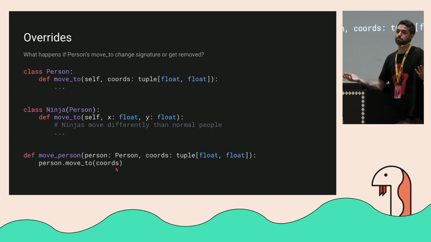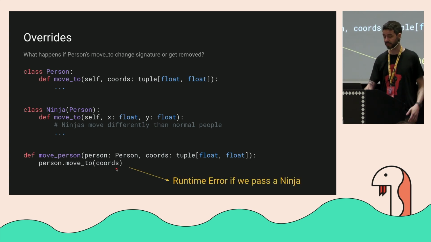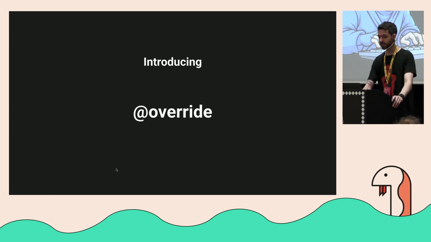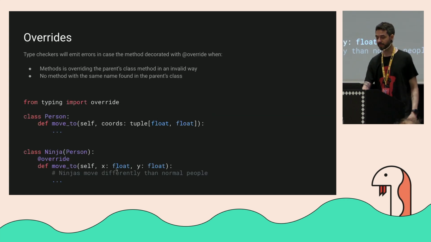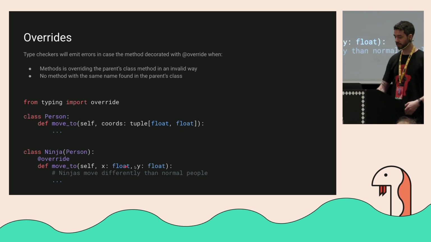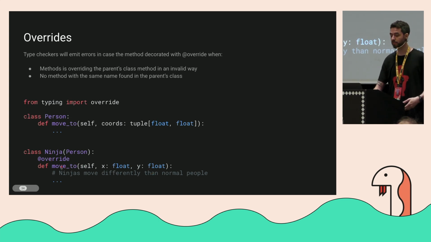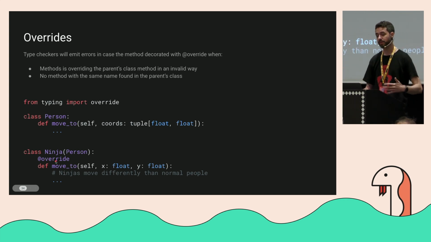So how can we protect ourselves against this runtime error if we pass Ninja? So the Ninja hits its final blow this time, and we introduce override. So override is basically, I come here and say, well, when I'm defining move to, I am overriding something that already exists in one of my parents.